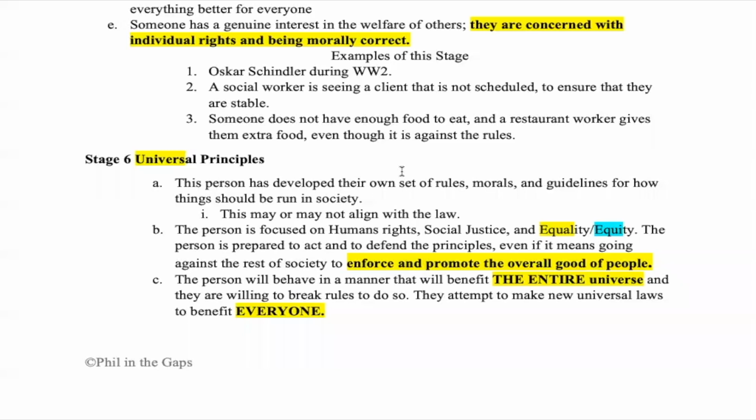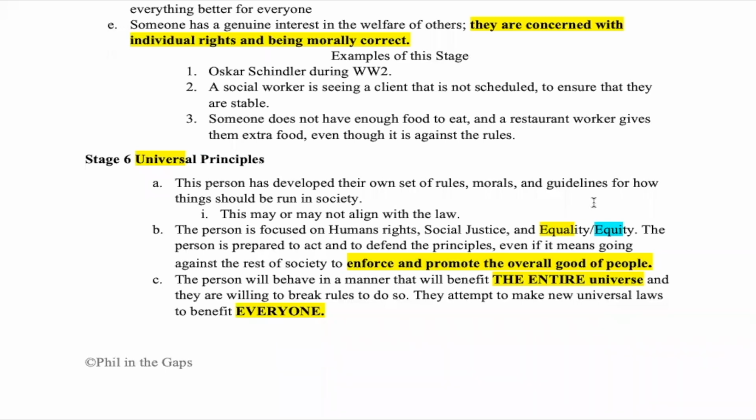So this is where they're looking at a more global perspective of shooting for human rights, social justice, and equality and equity. Equality, everybody gets equal of everything. Equity, everybody gets what they need in order to balance the equation of society. So equity may not be giving people everything the same.